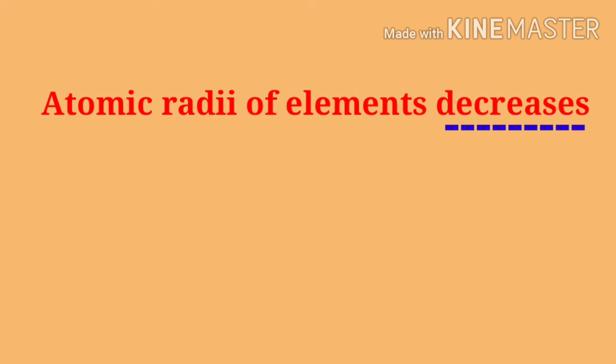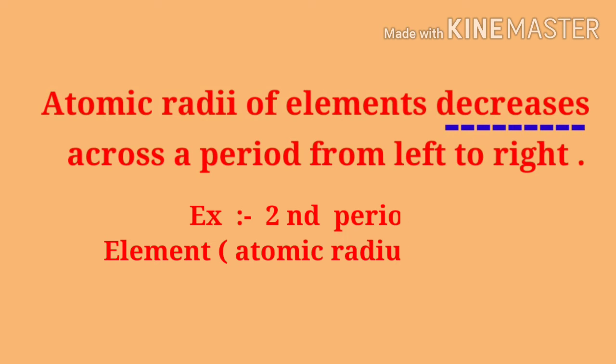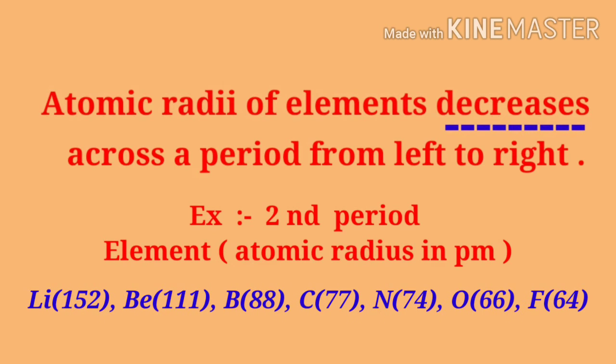Atomic radius of elements decreases across the period from left to right. For example, in the second period from left to right, lithium to fluorine, atomic radius decreases.